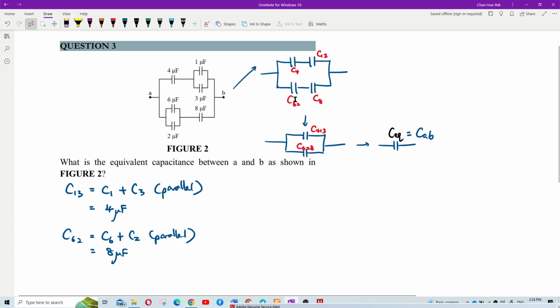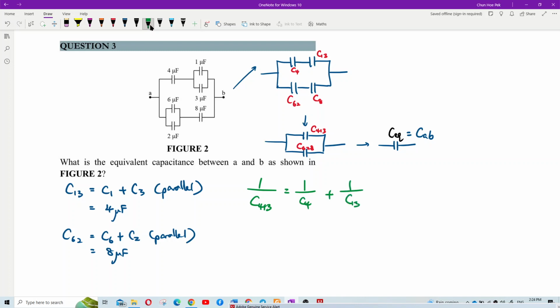This one also in series. So in series we use 1 over C. 1 over C413 is equal to 1 over C4 plus 1 over C13. C4 is 4 micro, C13 is 4 micro also.